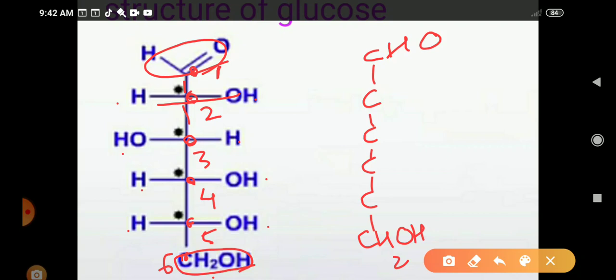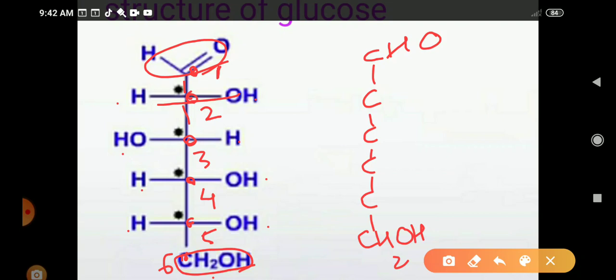Now how to keep the position of OH and H? I told you the position of H and OH is quite important here because of the optical activity of this. Now let us find out how to remember the structure of glucose very easily.